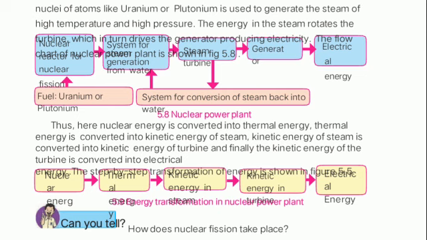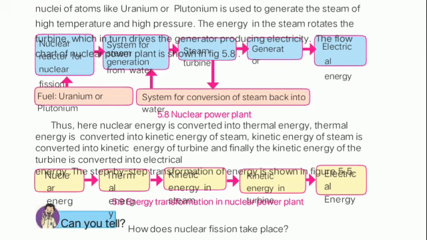We are seeing here two flow charts. First is the principle of a nuclear power plant, and second is the energy transformation taking place in the nuclear power plant. In the first one, the principle, you can see that there is a nuclear chamber, second is the system for heating up of water, third is the steam turbine, then the generator, and then electricity.